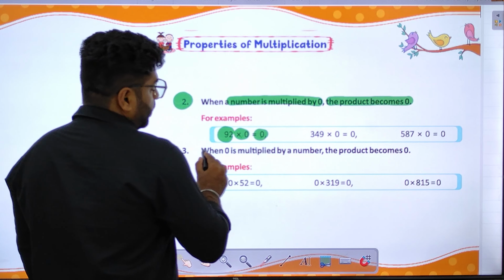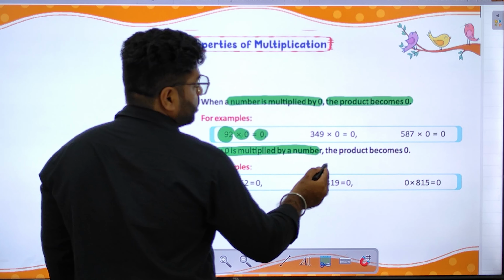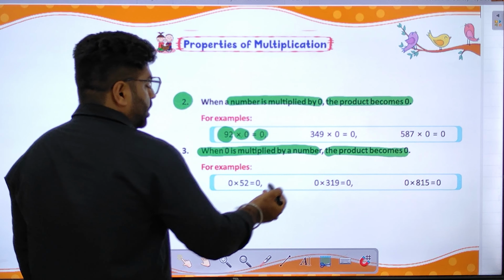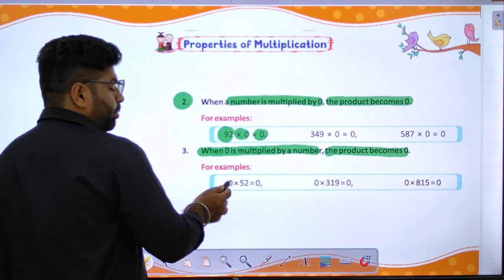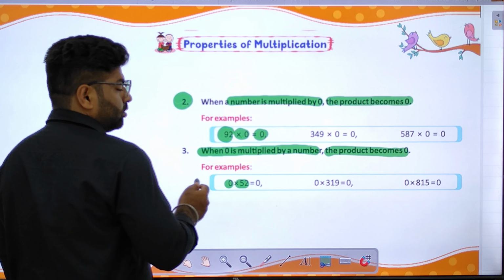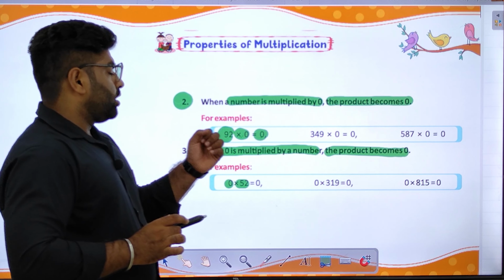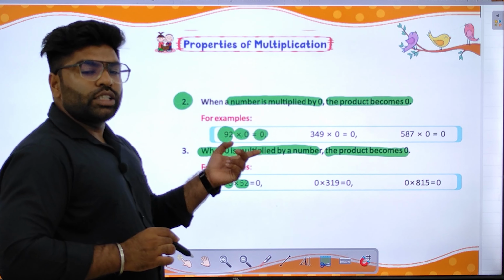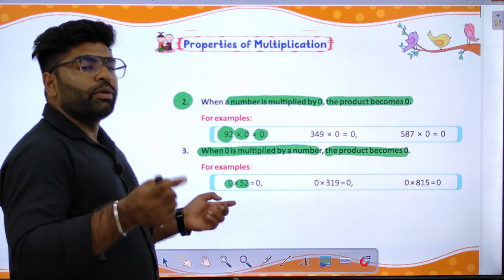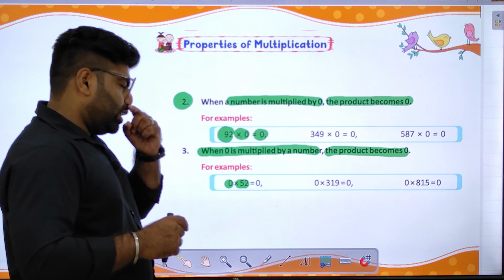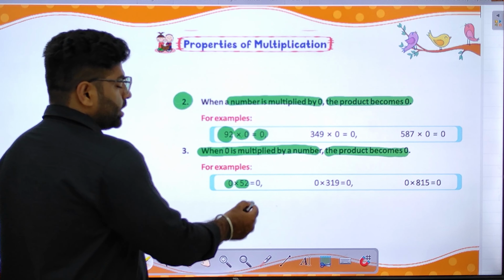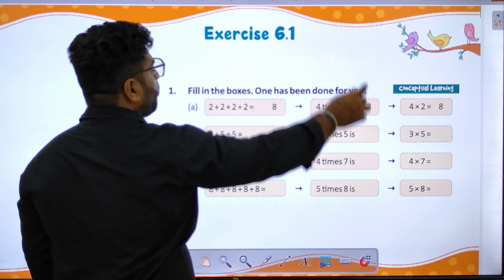Now when 0 is multiplied by a number, the product becomes 0. Here we are having 0 multiplied by any other number. So in both the cases, we always have the answer 0.